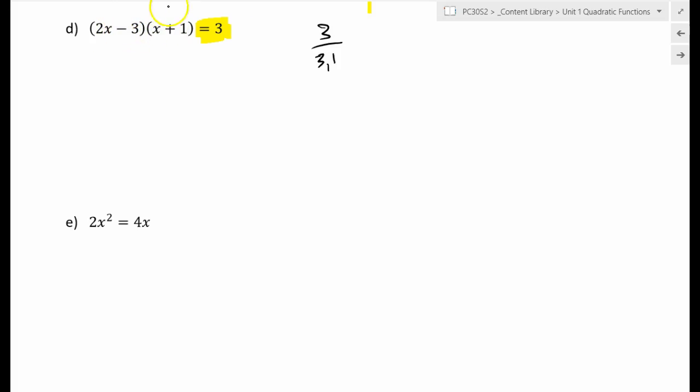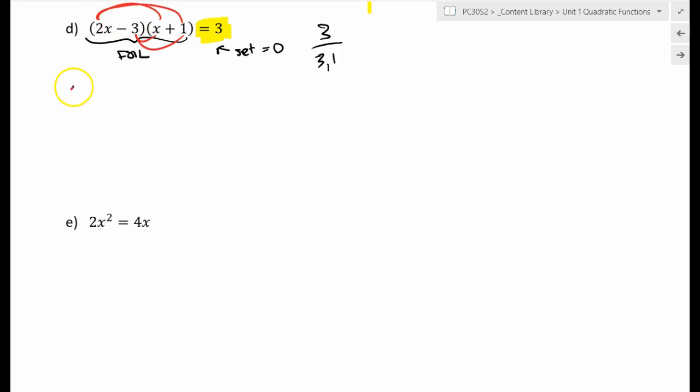So what we're going to have to do is expand or FOIL. And then we're also going to have to set it equal to 0. So first, outsides, insides, last.